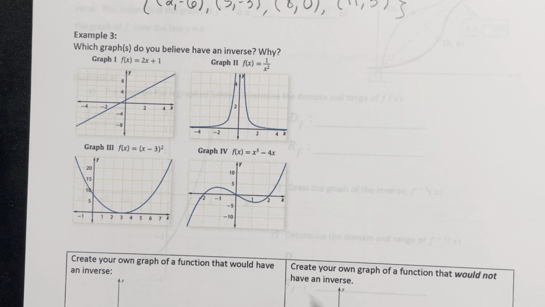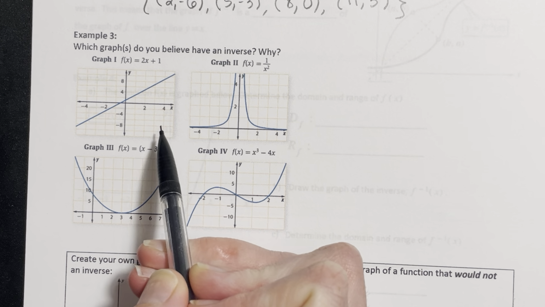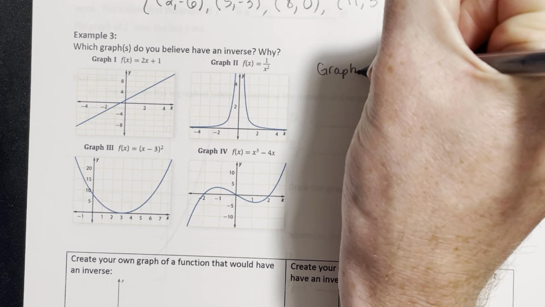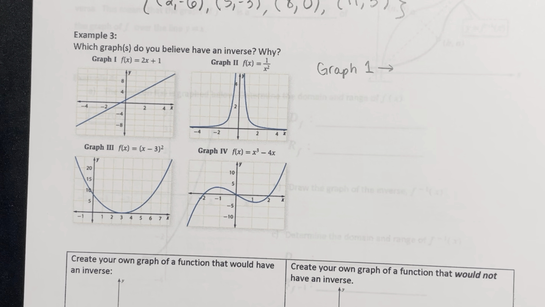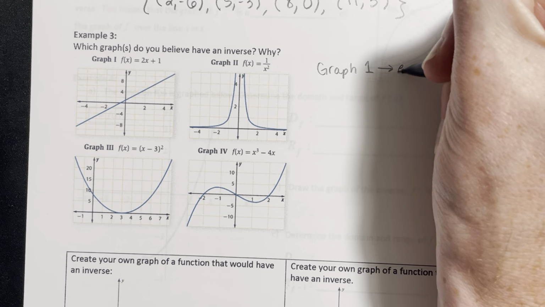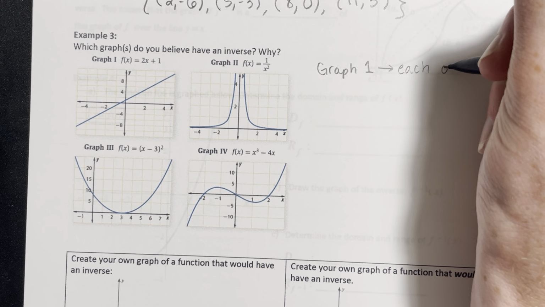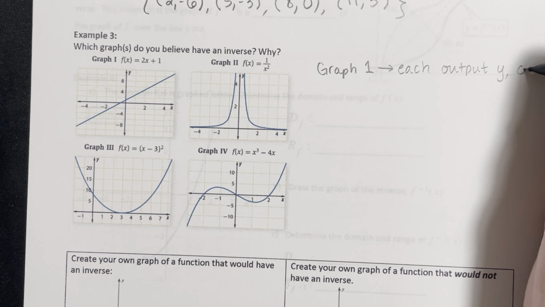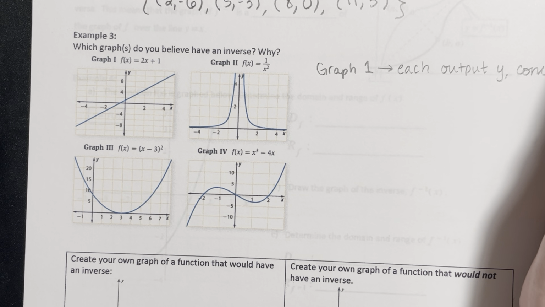Okay, so if I look at this first graph, graph 1 does have an inverse. In that graph, each output, which is y, comes from only one input.